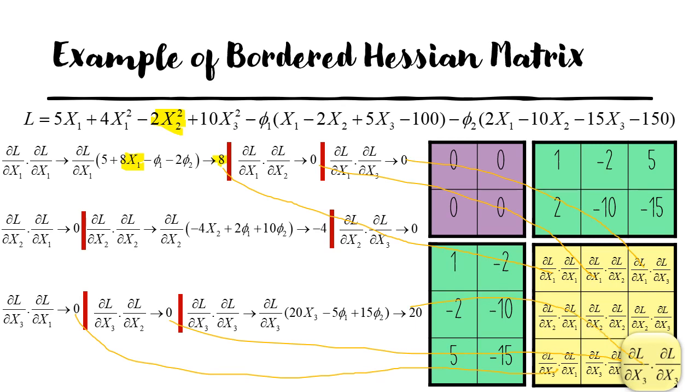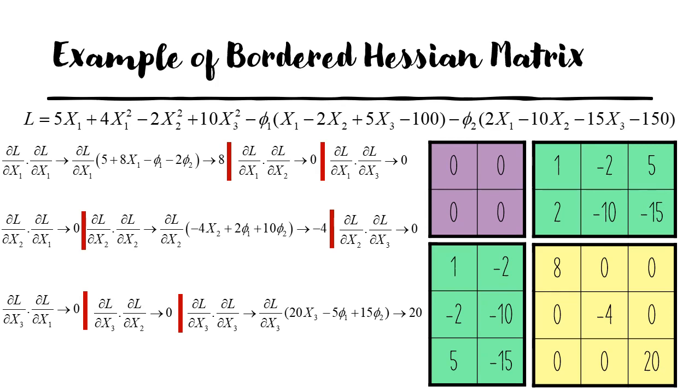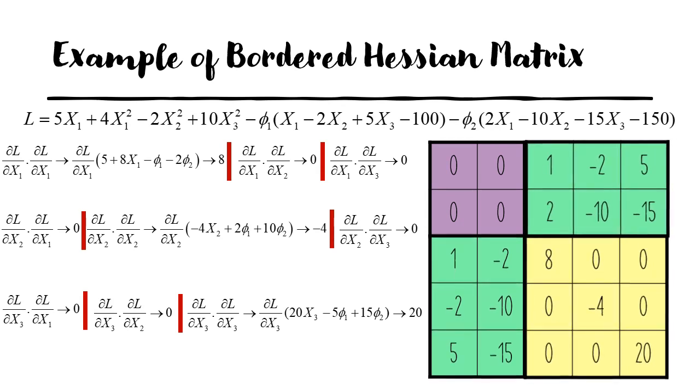When you substitute this, that gives you a Hessian matrix. Now I have just substituted all the values, so you are getting 8, 0, 0, 0, minus 4, 0, 0, 0, 20. This gives a Hessian matrix. This one is what we call a bordered Hessian matrix.